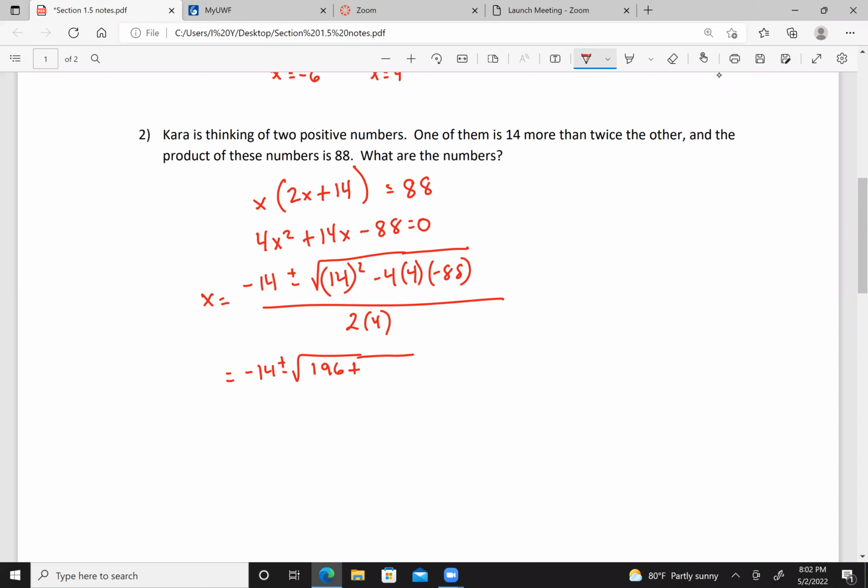That's going to end up being plus 4 times 4 times 88, which is 1408, and all that's over 8. So this gives me negative 14 plus or minus the square root of 1604 all over 8.